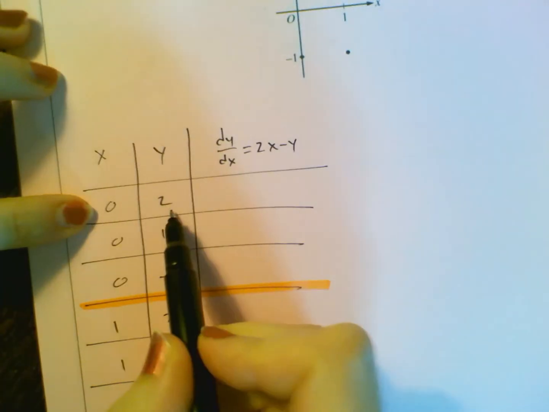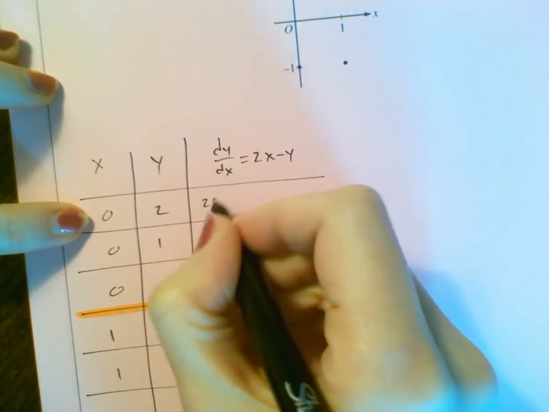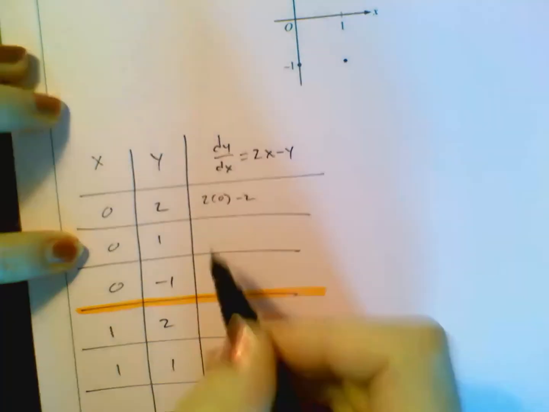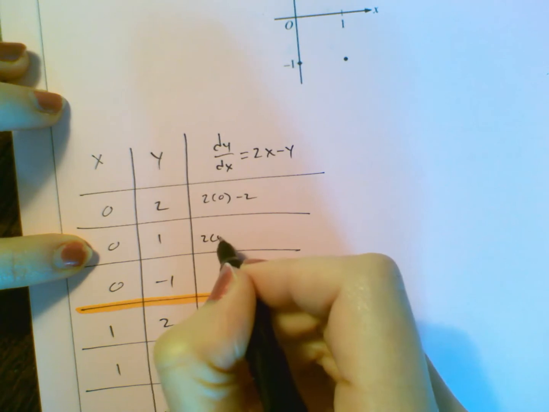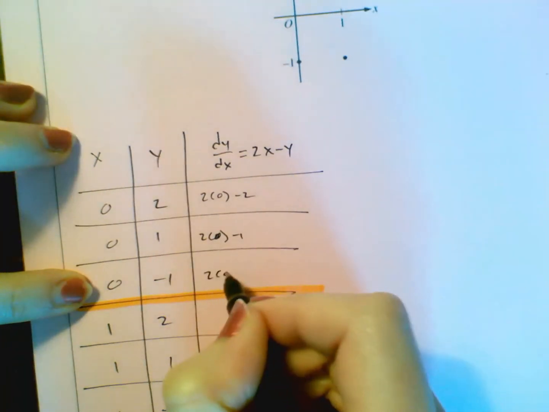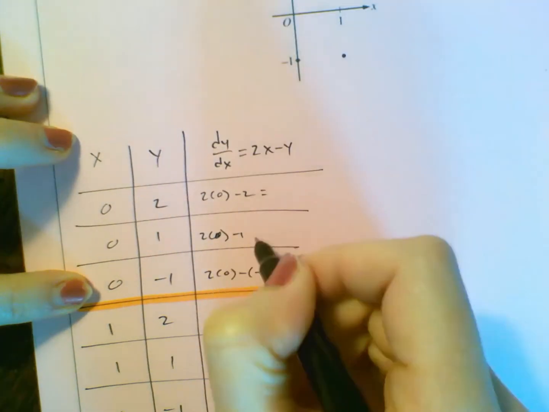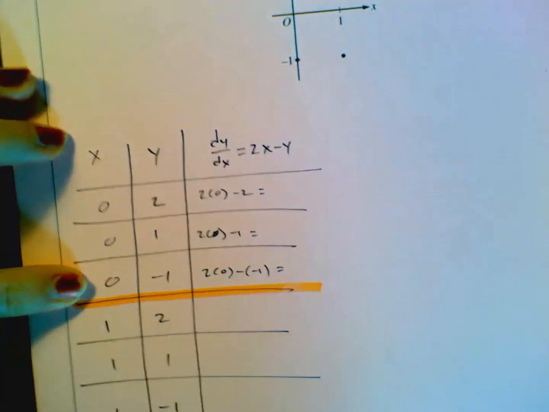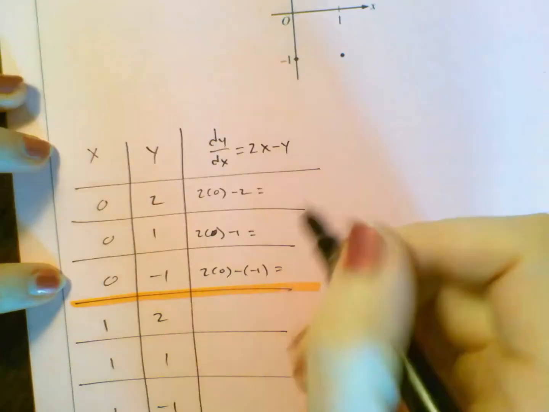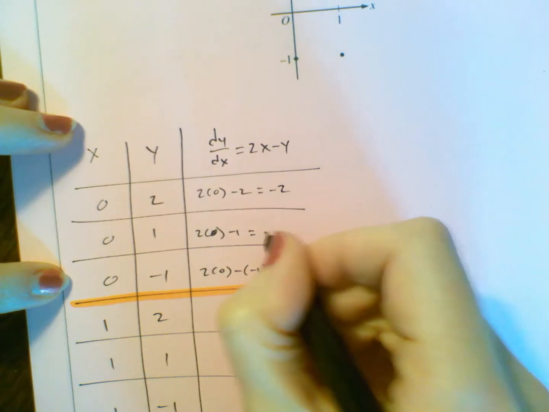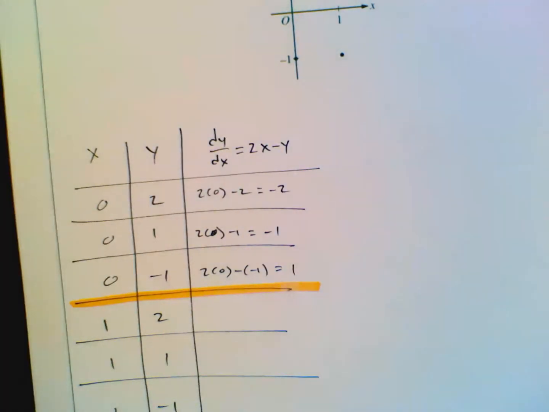So I'm plugging in 0 for x and 2 for y. So 2 times 0 minus 2. And then this one is going to be 2 times 0 minus 1, and 2 times 0 minus negative 1. I just like to do it like that because it helps me go faster somehow. That's a negative 2, that's a negative 1, and this ends up being a positive 1.